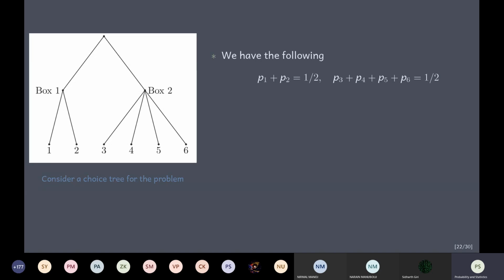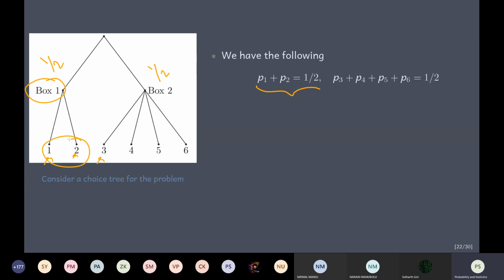This is important. So what do we have? We want to compute the probabilities P1, P2, P3, P4, P5, P6. That's our aim, and we are starting from our assumptions. What we know is that P1 plus P2 will be half, because the probability that you will hit box 1 is half, and the probability that you will hit box 2 is half.